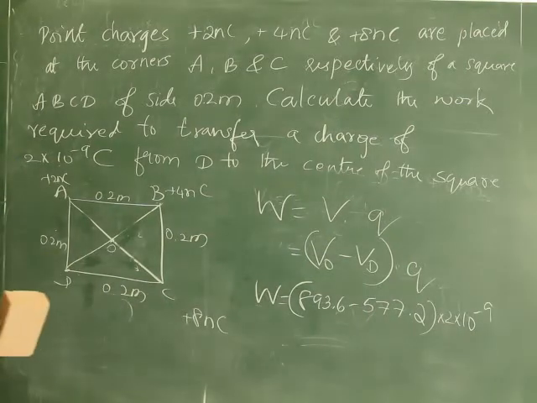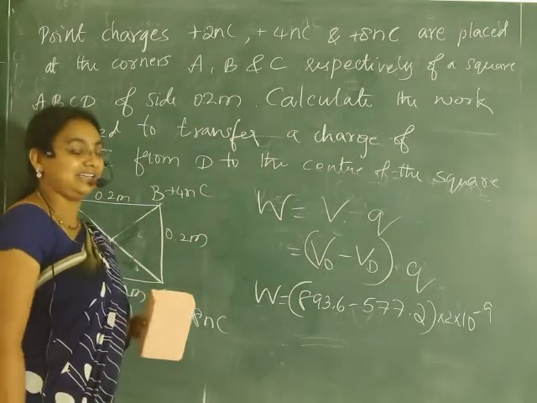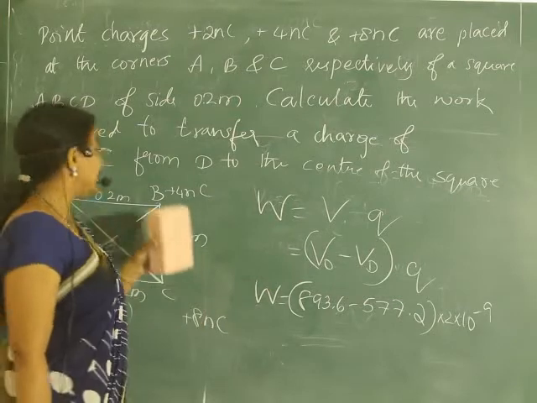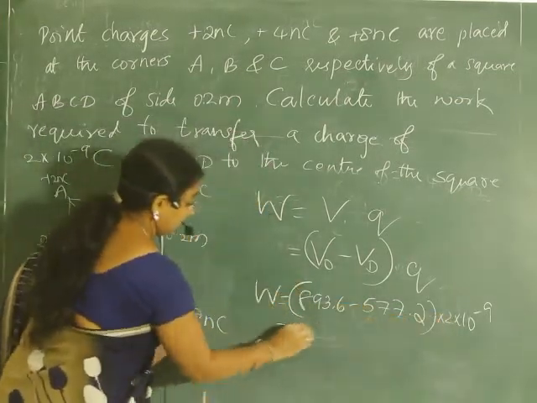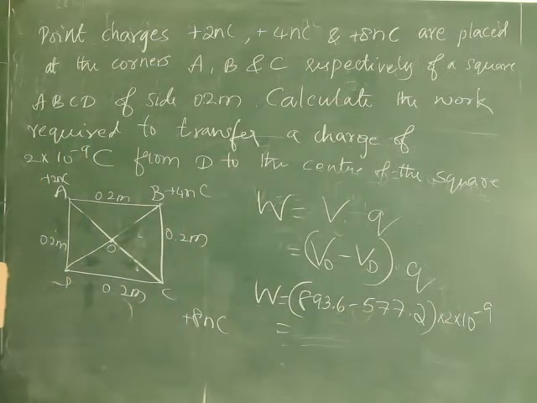In the previous problem it was an electron. Now it is a charge, that is 2 nanocoulomb. So substitute it here and calculate the work done in moving a charge from D to O.